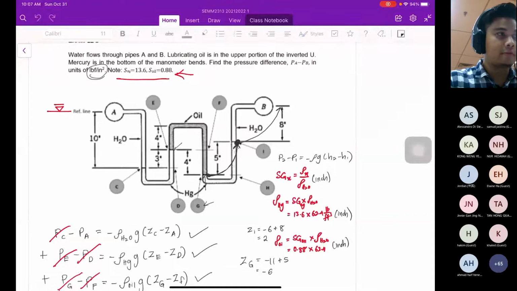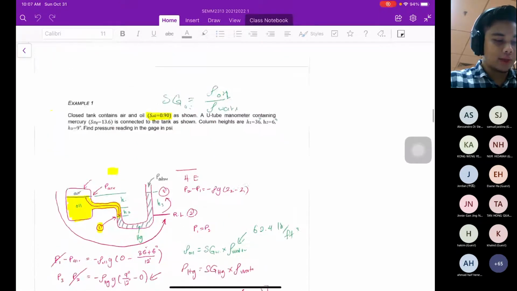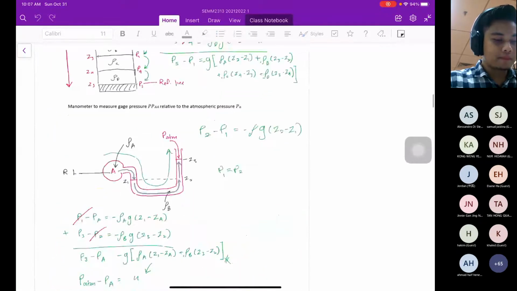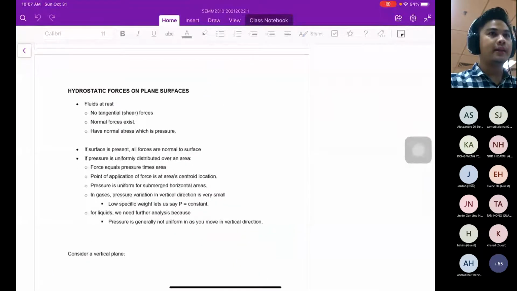You need to find the reference line, and then set the direction where you want to measure from A until B. This is the example we have done so far. In general, what we learned during our last session was the measurement of pressure, where we measure the pressure difference between point 1 and point 2.